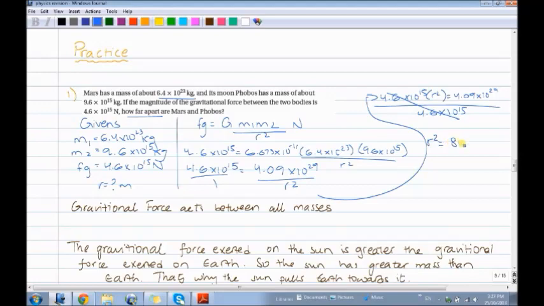It's going to be 8.91 times 10 to the power of 43. Now let's take the square root. So the radius would be 9.43 times 10 to the power of 21 meters.